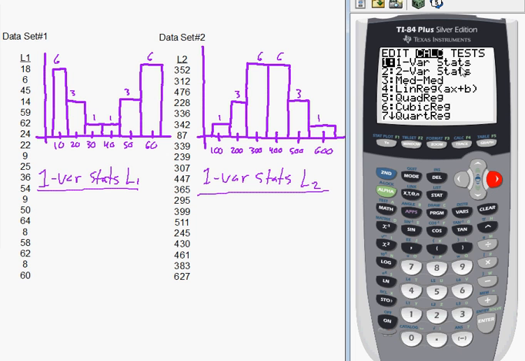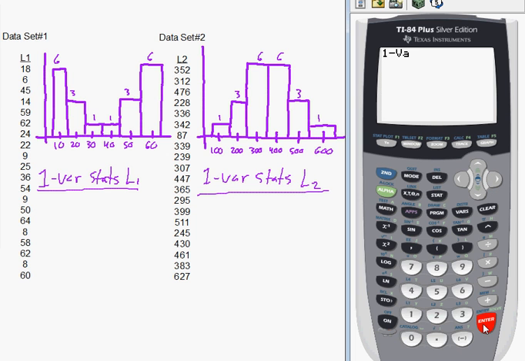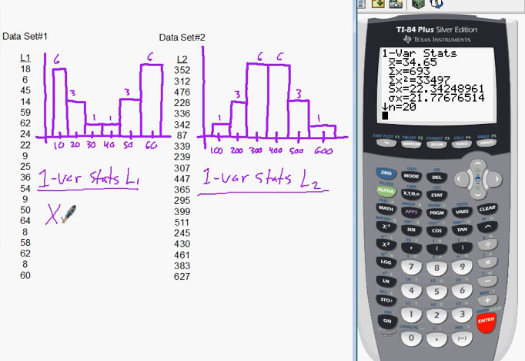Here's one var stats, and we can do one var stats for L1, and our mean is 34.65, and we'll use the sample standard deviation because we'll, I guess, assume that this is a sample instead of a population. It is 22.34.